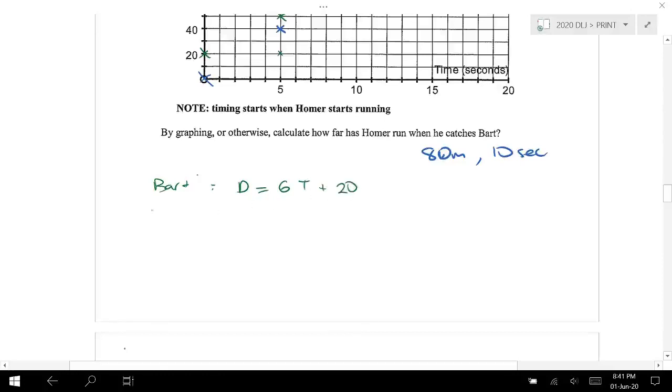So 6t plus 20, and then Homer would be just d equals 8t because he's plus 0, he starts at 0. So to calculate when they meet, that'll be the point where the distance is equal. So d, that'll be where Homer equals Bart. So you can put the two equations equal to each other. 6t plus 20 equals 8t.